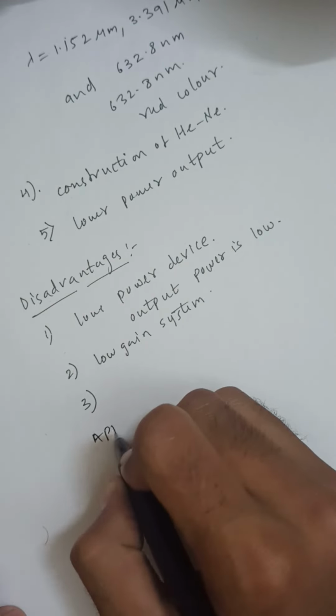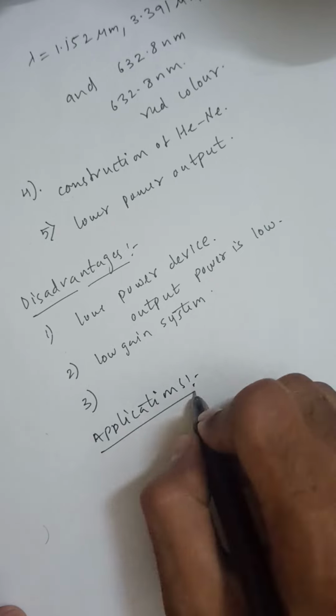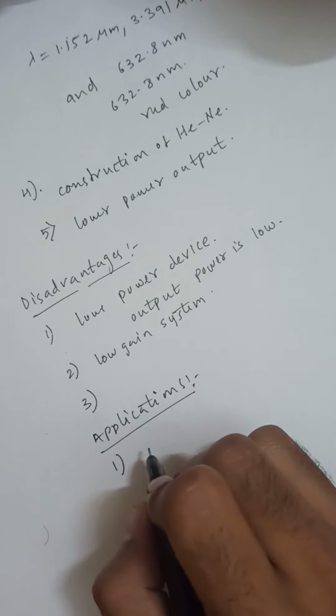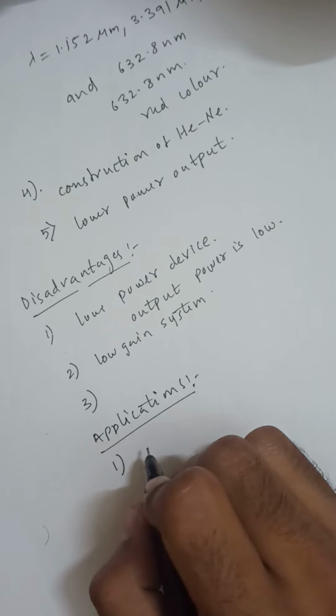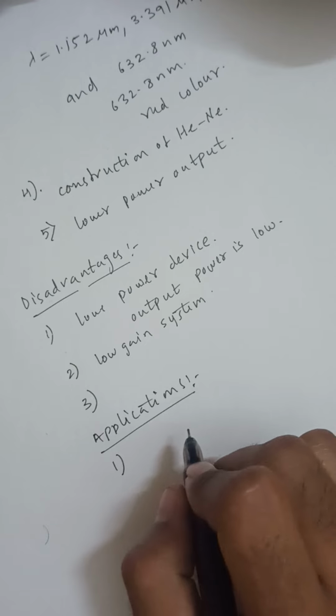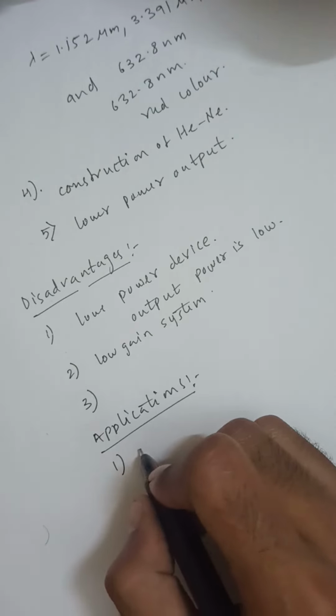There are a number of applications for helium neon laser. Helium neon lasers are used in supermarket checkout counters to read barcodes and QR codes. They are also used by newspapers for producing transmitted photographs.